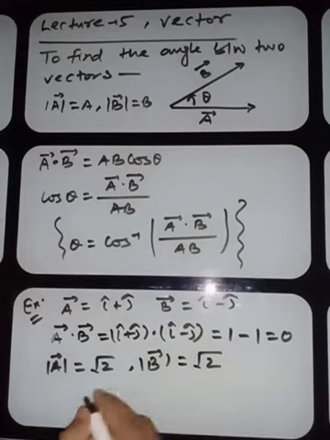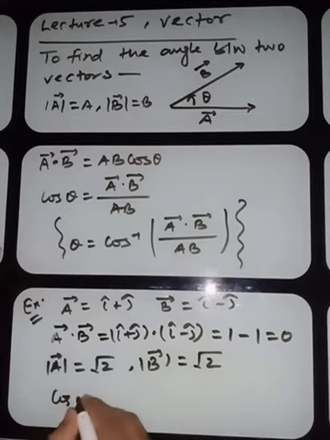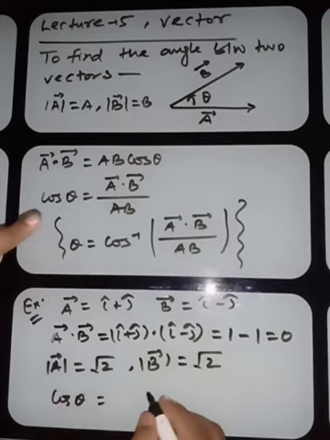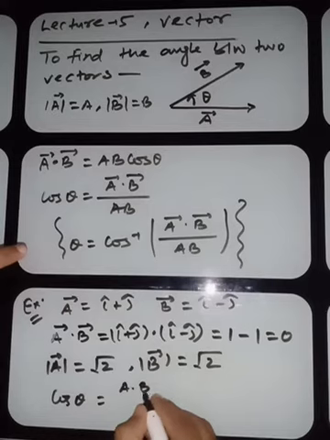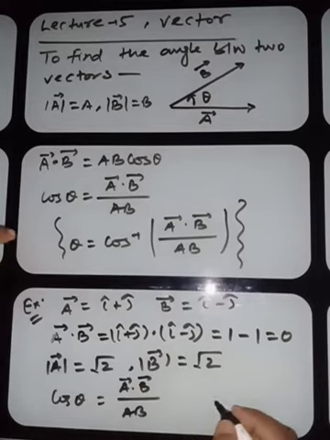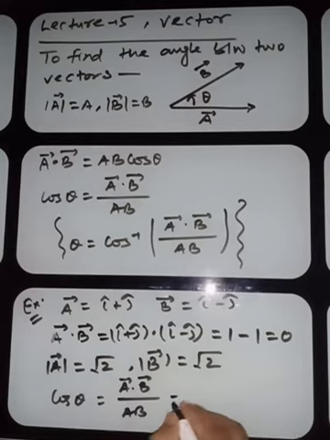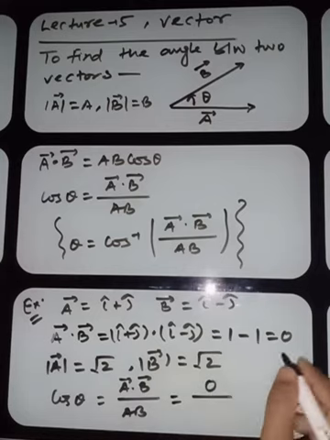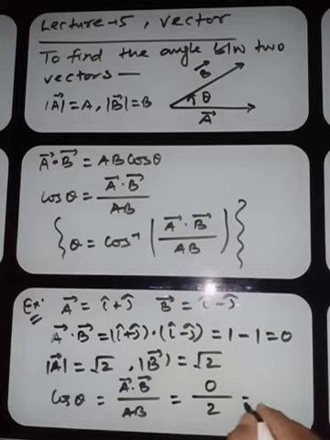These are the values. Cos theta, according to the formula, is A dot B divided by mod of A and mod of B. Here the numerator is 0, so this will be 0.